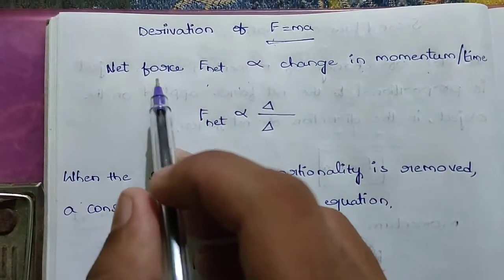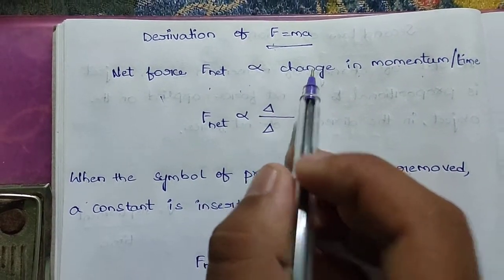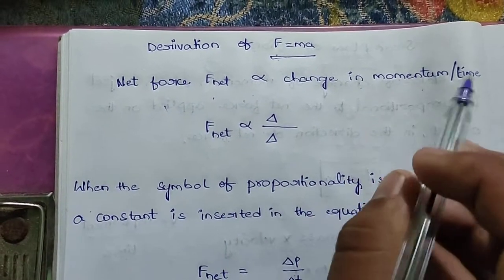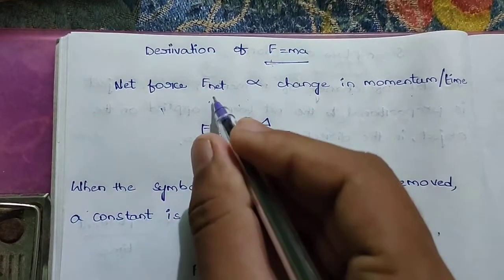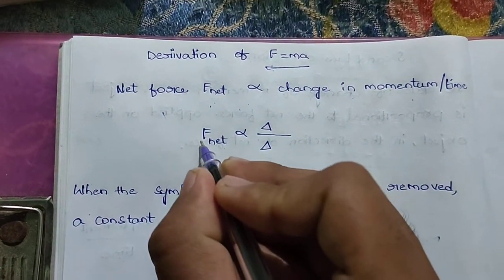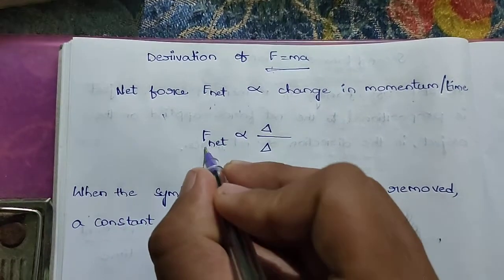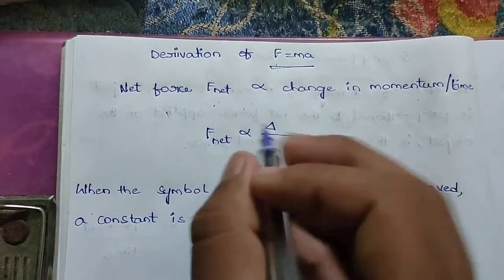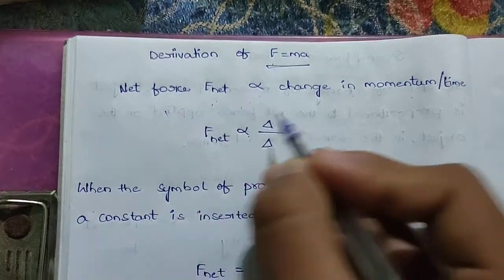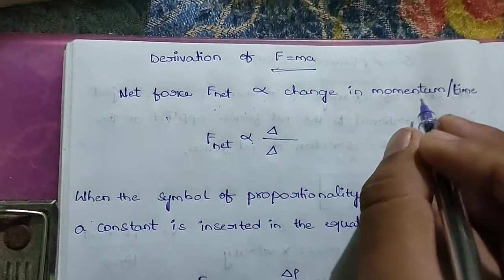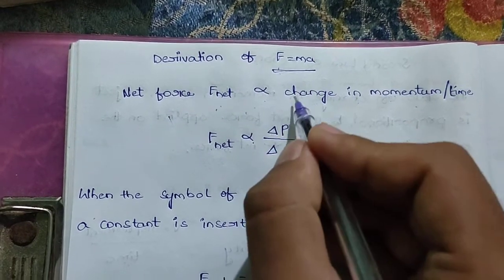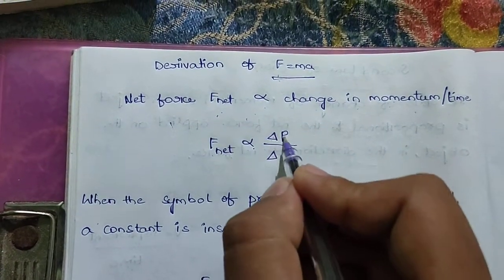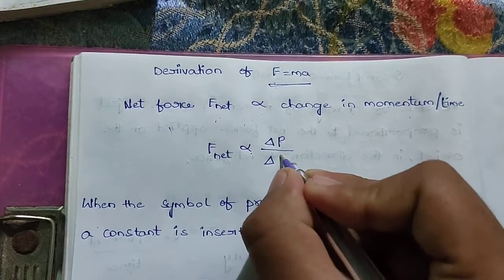I'll write this as an equation: F net is my net force and is proportional to the change in momentum, P, where delta is the change in, per change in time.